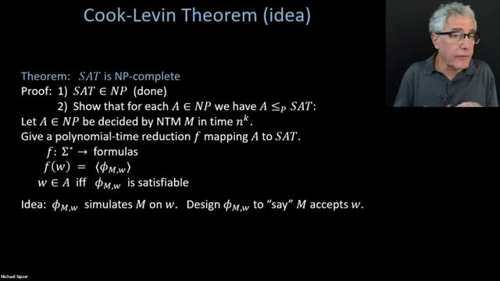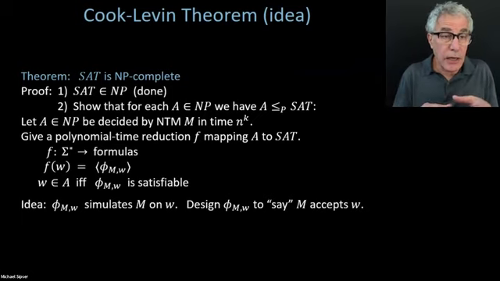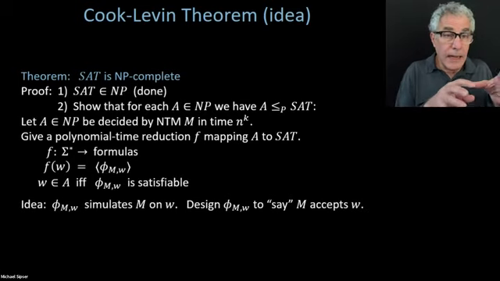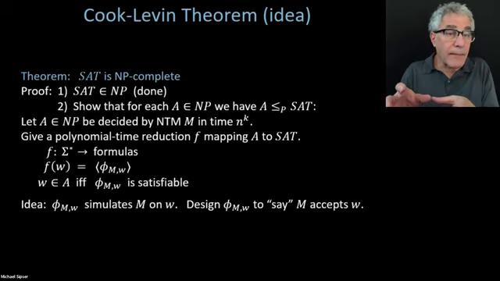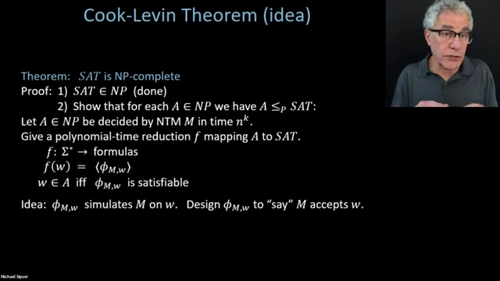There's a lot of parallel here between this construction and, for example, the PCP construction, where, given a machine and an input, we made a set of those dominoes where finding a match forced you to simulate the machine. Here, finding a satisfying assignment is going to force you to simulate the machine.